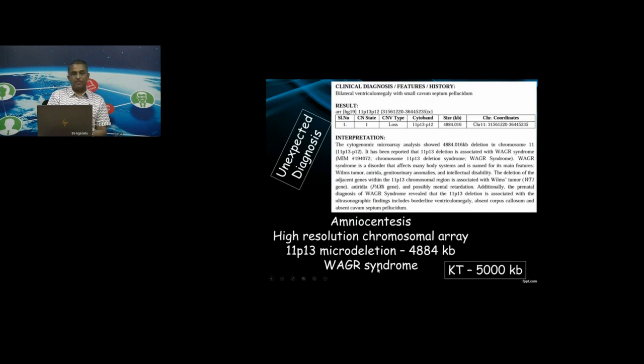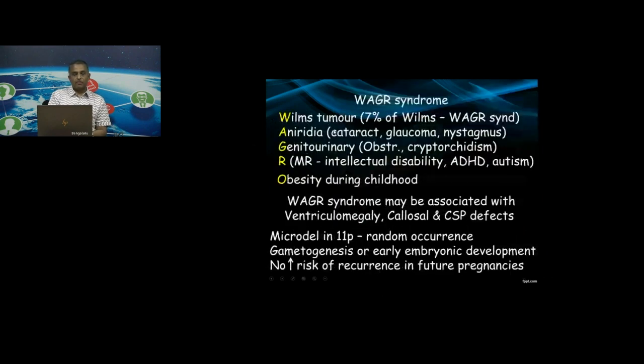Now, what is WAGR syndrome? It is Wilms tumor, aniridia, genitourinary problems, mental retardation, obesity. So all in all, this lateral ventriculomegaly was actually the tip of the iceberg, and we uncovered the problem this fetus would have had if it were to be born and grow into a child.